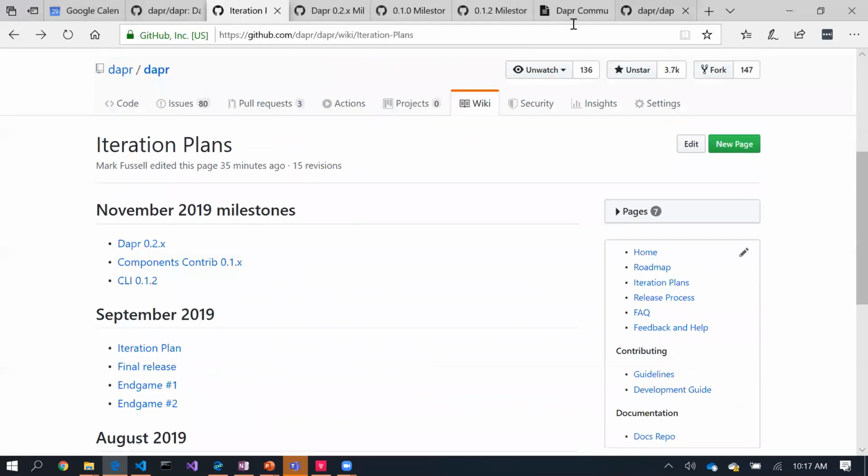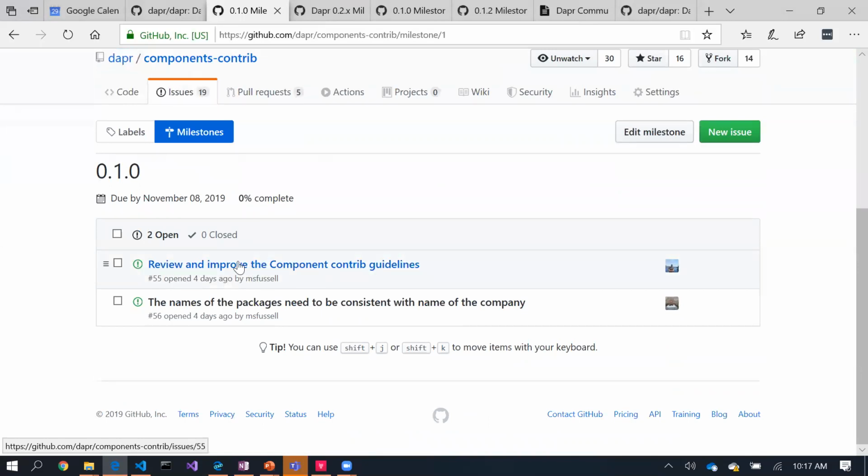Correspondingly, inside the components contrib here, at this point in time, we're really looking for anyone who wants to do some contribution for components that they want to build. We're just going to update some of the guidelines here to make them a little bit clearer, and add some more details that have emerged over the last couple of weeks, and also be consistent with some of the names.